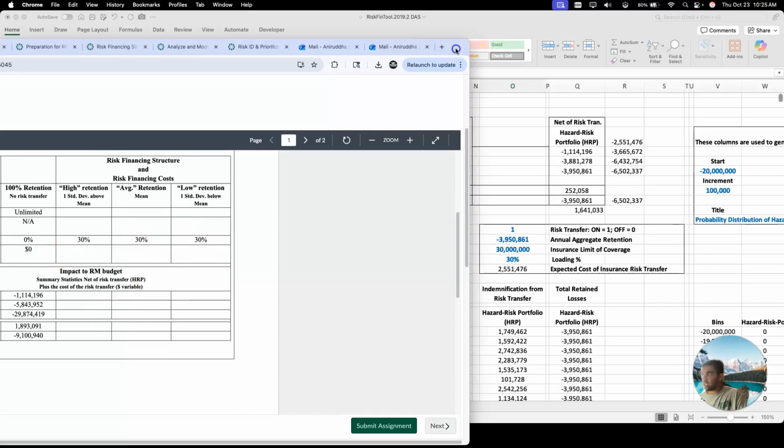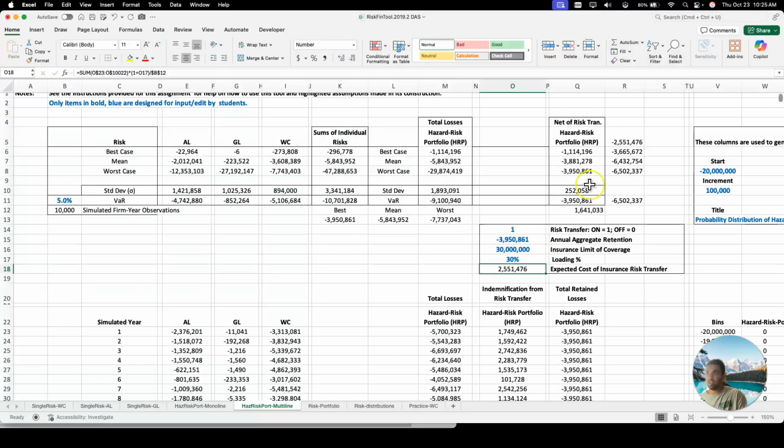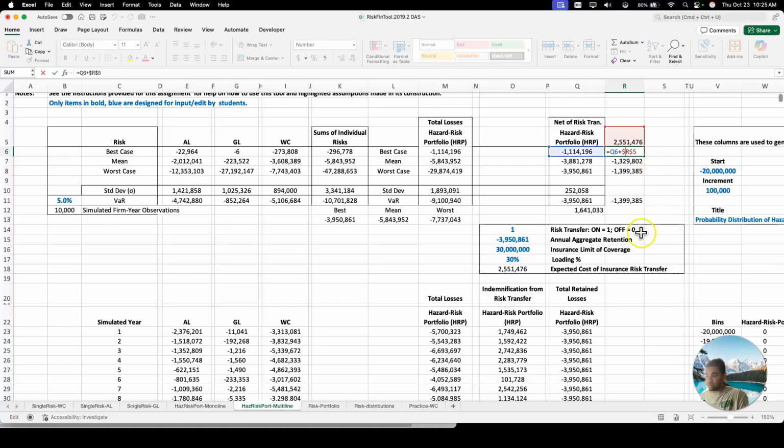look at this. We are looking at the impact. So if we want to find out what is the best case net of risk transfer with the cost of risk transfer, all you need to do is cell reference this expected cost of risk transfer for each and every one of them and put a negative sign in front of it, because it is a cost to the firm.